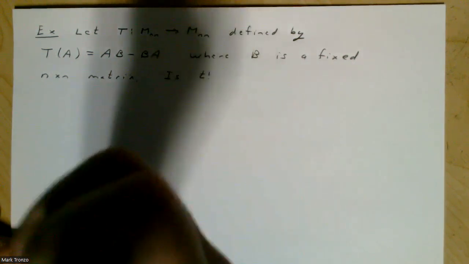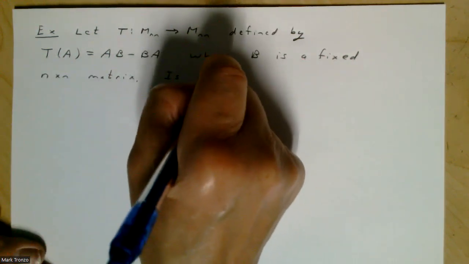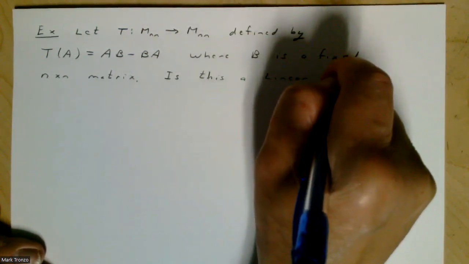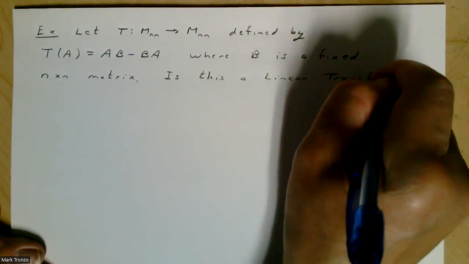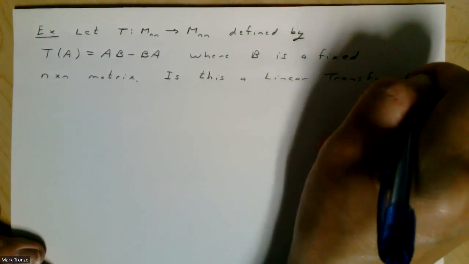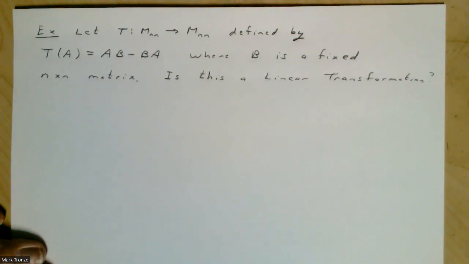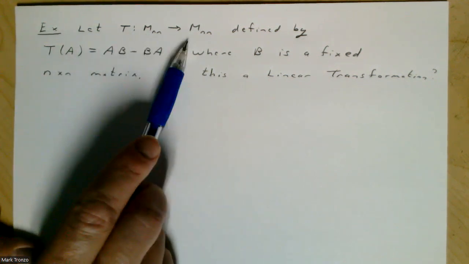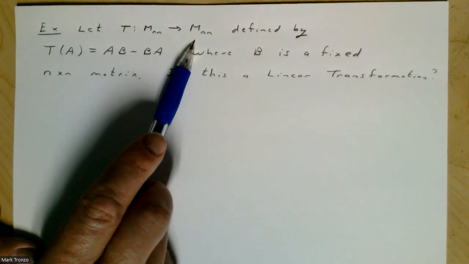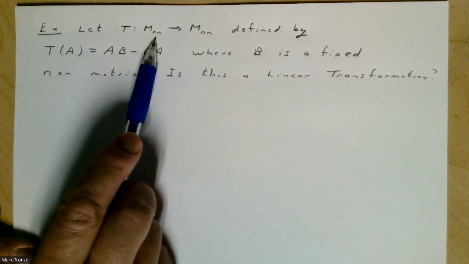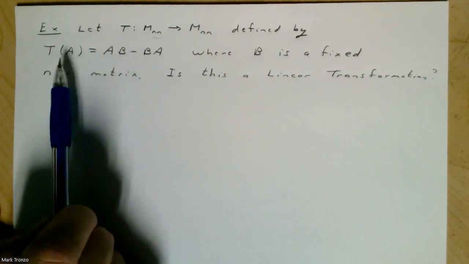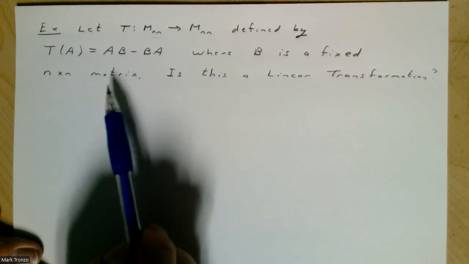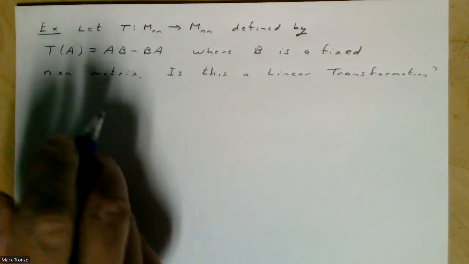Is this a linear transformation? Remember, these are square matrices. You're putting in a square matrix, you're getting out a square matrix of the same size. B is a fixed n by n matrix, also the same size. So is this a linear transformation?